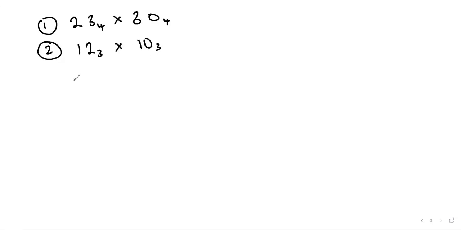So let me give you something to try, to test your understanding. Number 1: 23 base 4 times 30 base 4. Number 2: 112 base 3 times 10 base 3.